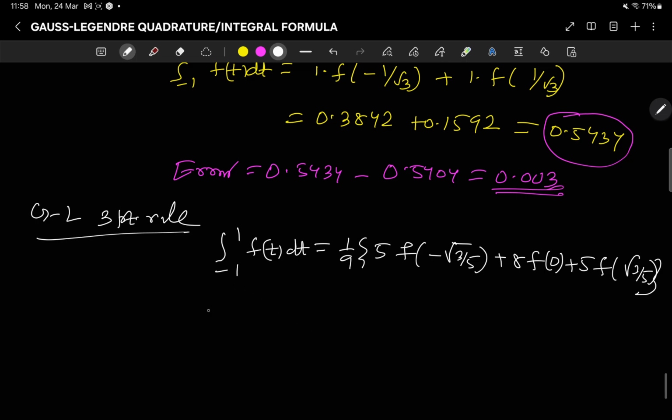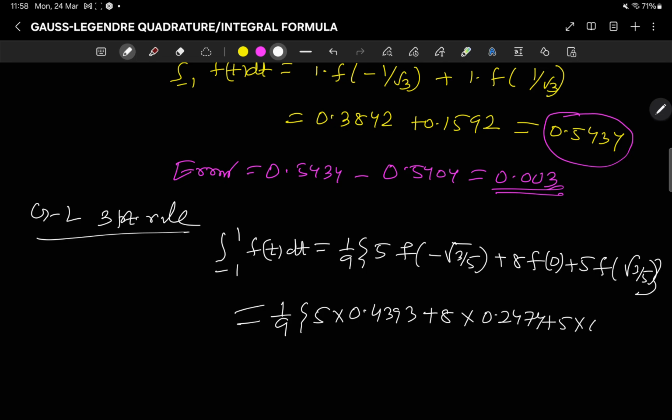If you simplify it, it will give you 1 by 9 of 5 into 0.4393 plus 8 into 0.2474 plus 5 into 0.1379.